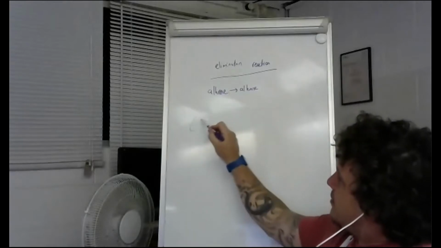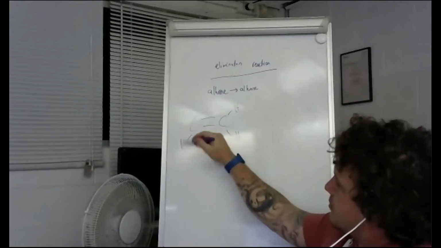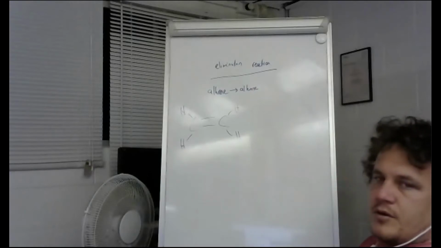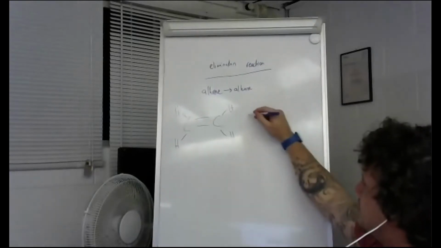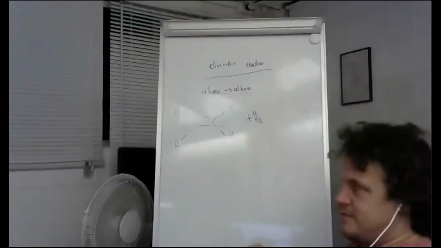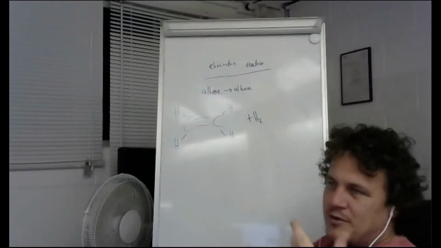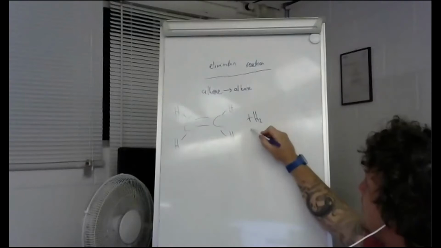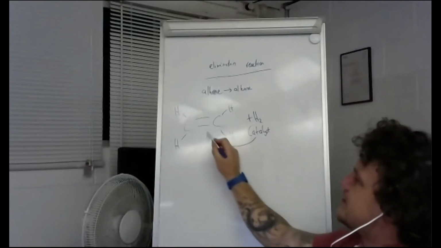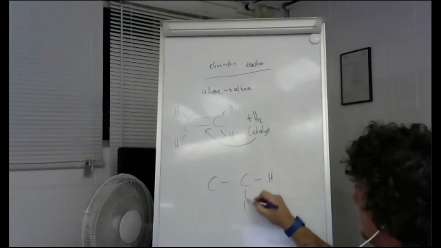So we start with an alkene, we add hydrogen. This doesn't just happen. There has to be something driving it. Whether you're adding it to something that's very reactive, whether you add UV light, whether you add heat, sometimes we have to add a catalyst that breaks the double bond for us, and then we end up back at an alkane.